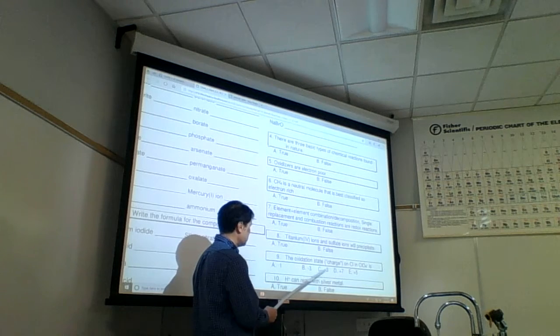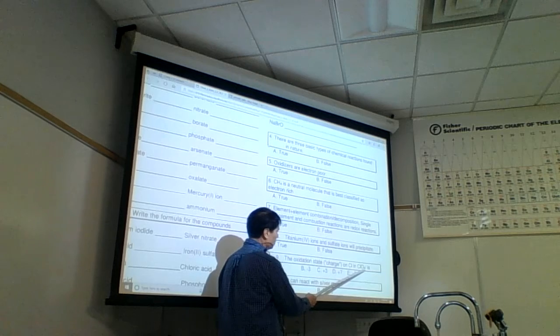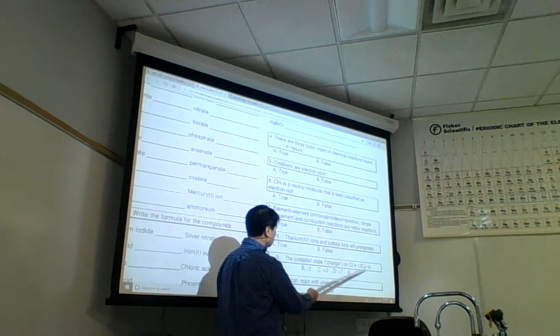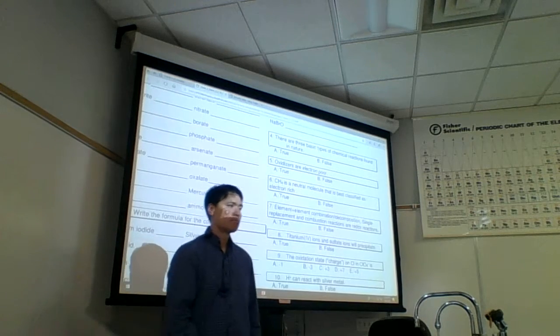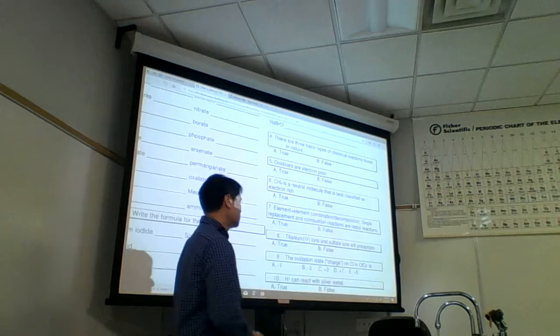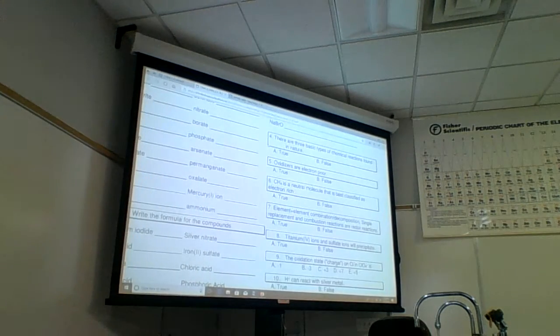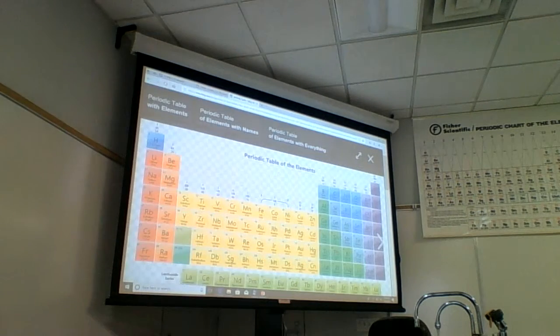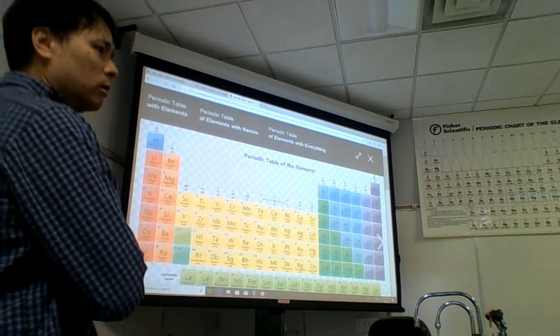The oxidation state charge on chlorine in, what's this ion called? Perchlorate is plus 7. Plus 7, is that as poor as chlorine can get? You tell me. Or can chlorine get even poorer?